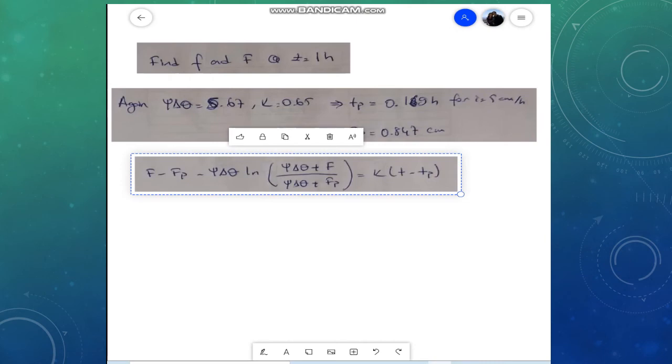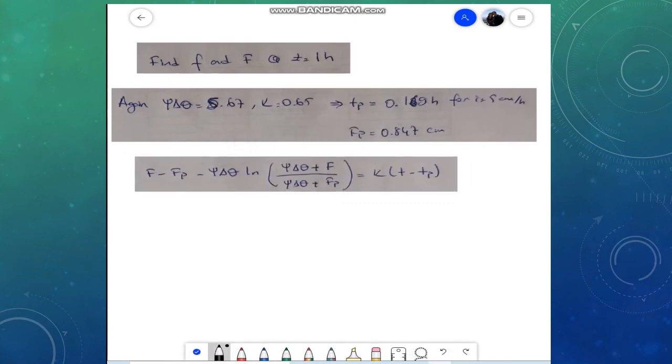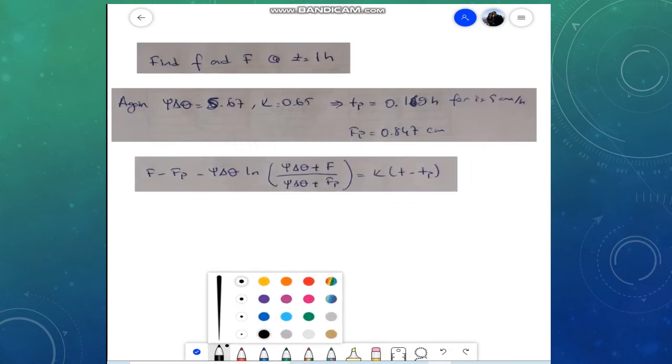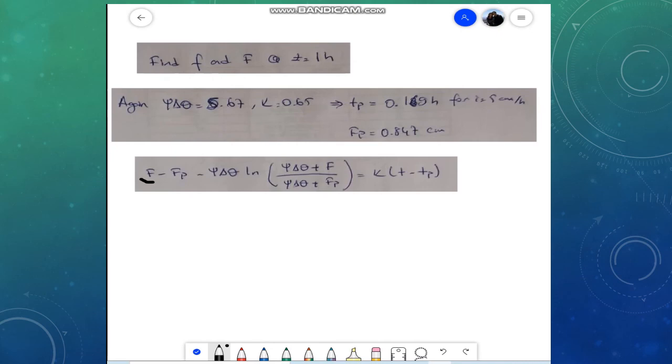As you see over these two, let's write it here. Okay, this guy and here this guy, these two are in a non-linear form, and we need to use an iterative procedure again.